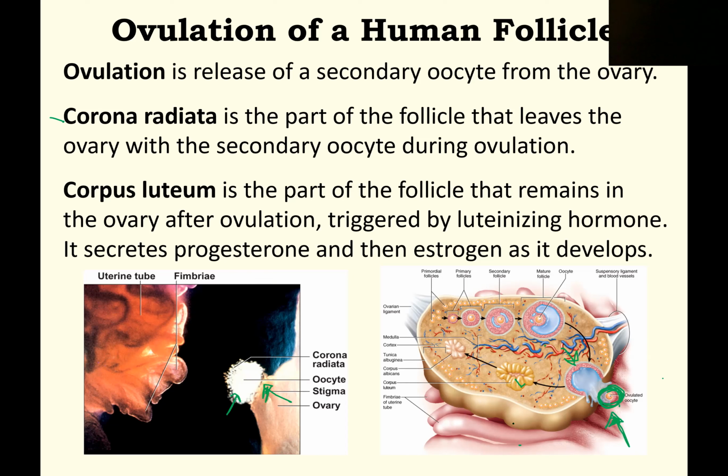The corpus luteum is the part of the follicle that stays in the ovary and is transformed due to the luteinizing hormone. And it's going to secrete progesterone first, and then it will also start secreting estrogen.